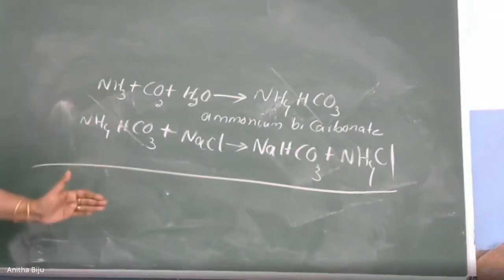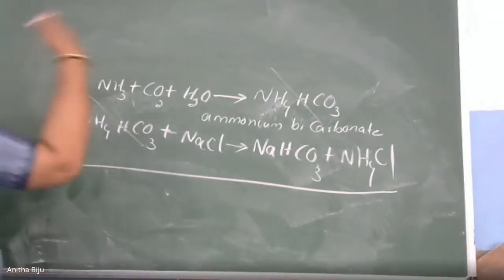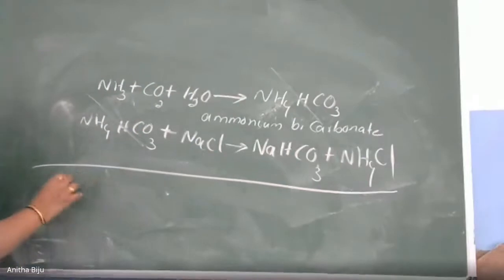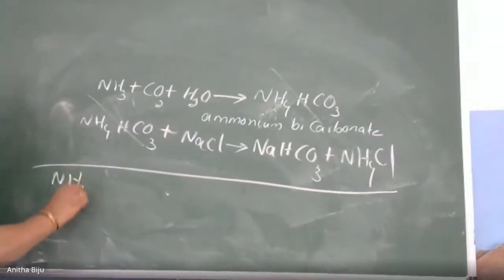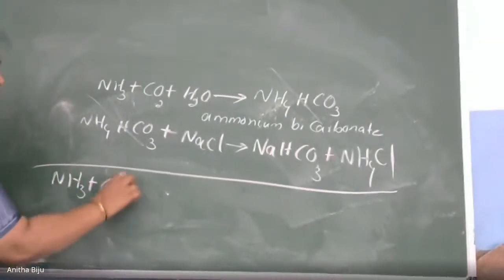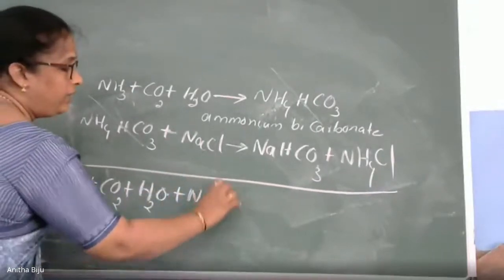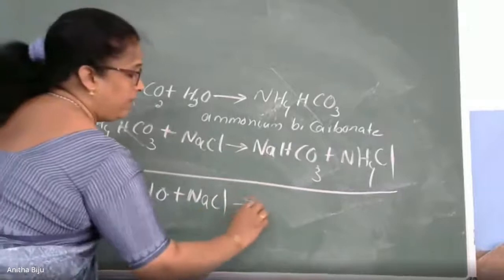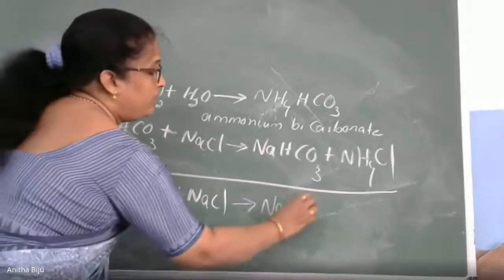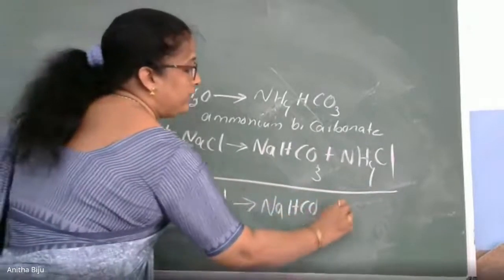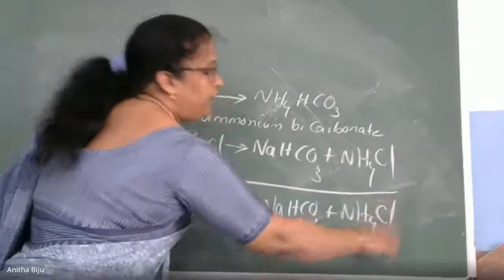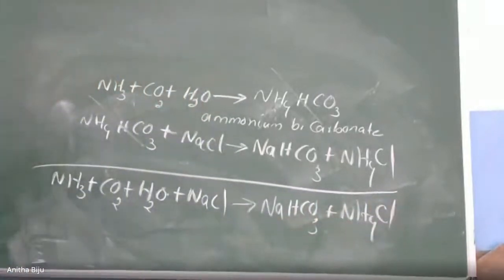Reactants you can write on one side together, products you can write on the other side. So which are the reactants? NH3 plus CO2 plus H2O plus NaCl gives NaHCO3 plus NH4Cl. So this is the equation for the manufacture of baking soda.